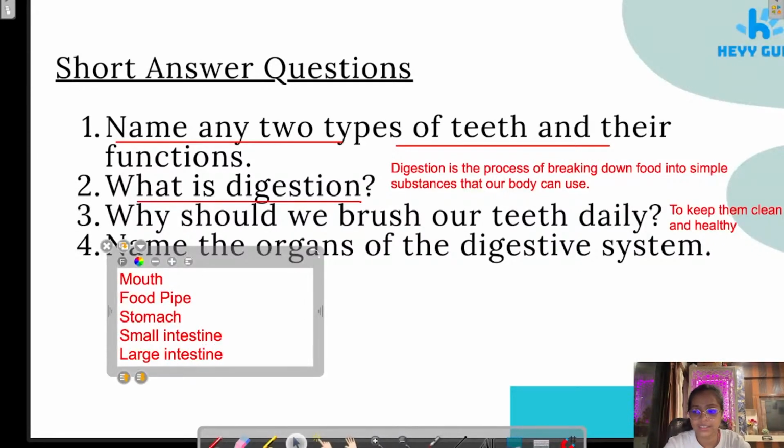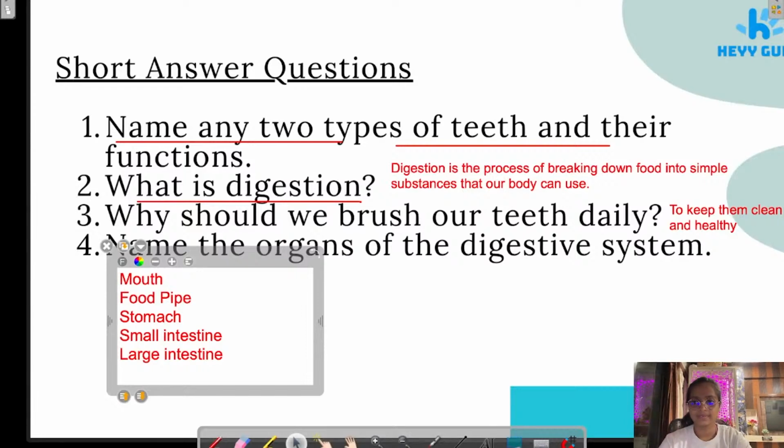And last, from where the food waste gets removed from our body: anus.